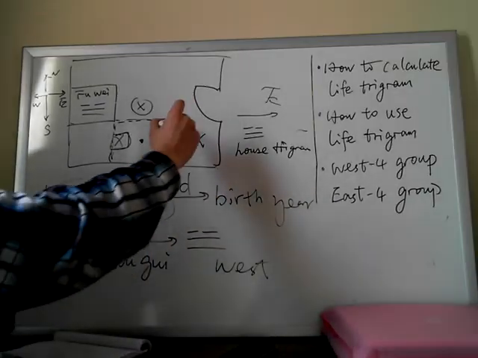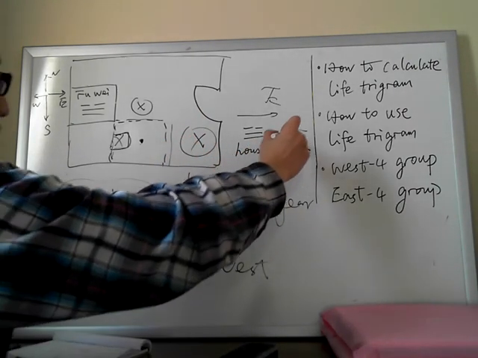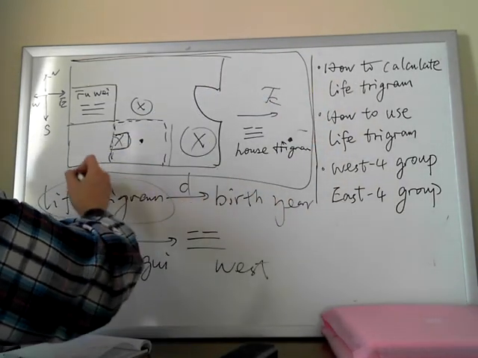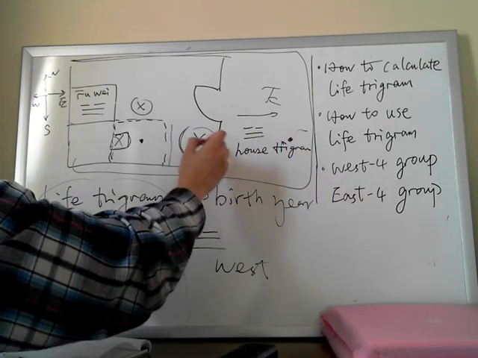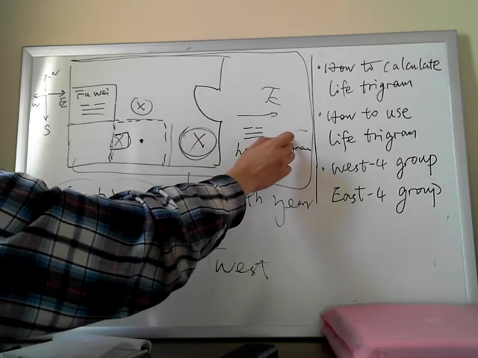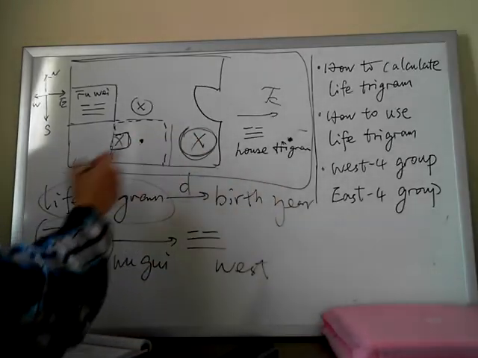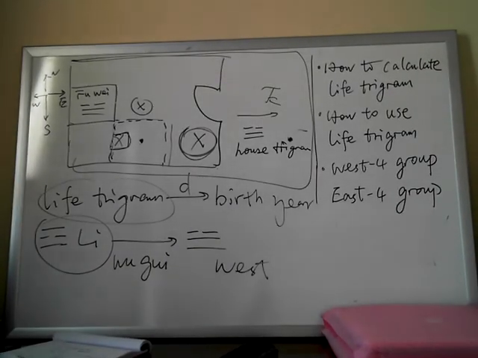Why? Because here might be the west direction of the point here. Maybe this is a huge building, and this is the center of the building. Then I would say this location is the west of the center of the building, so the Li person cannot stay here. Then essentially the Li person cannot stay in any place, in any house, if the theory is right.